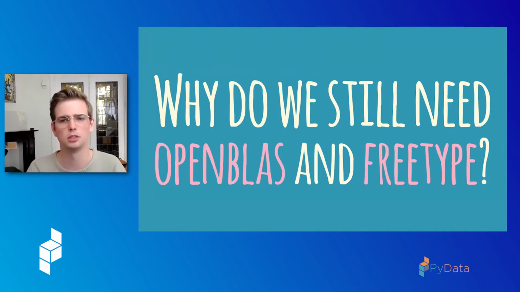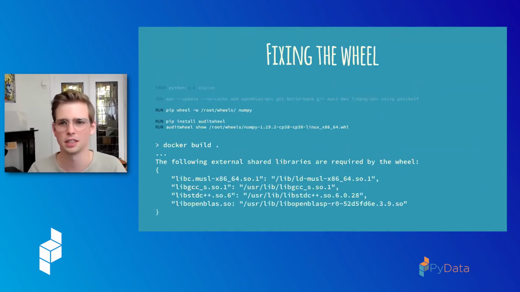But something that we need to do manually to make that work is fix our wheels. When we build a wheel with pip wheel, we just compile everything and put it in a wheel file. But there's a tool called auditwheel, which we can use to check whether our wheel is manylinux compatible. Not only that, it is also able to fix your wheels to make them more manylinux compatible.